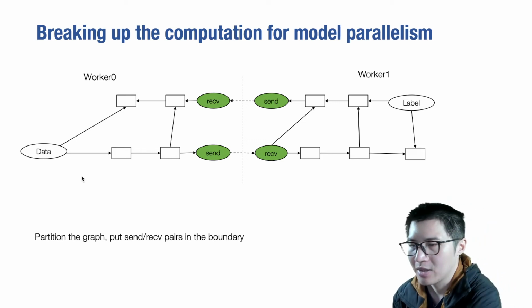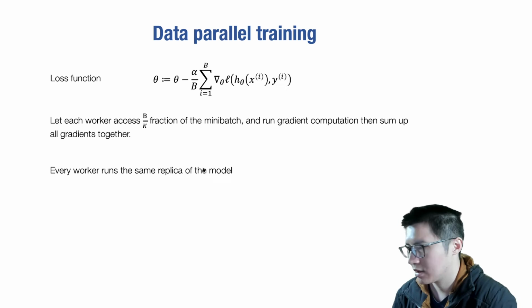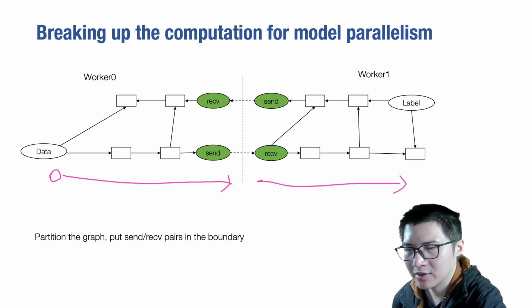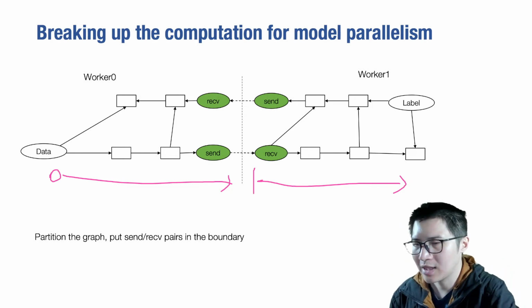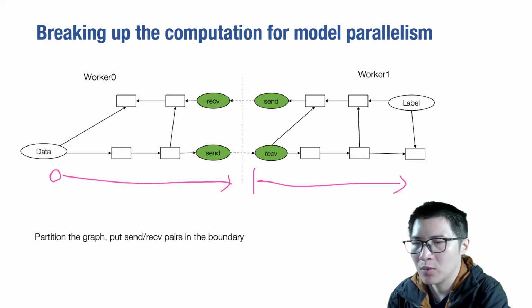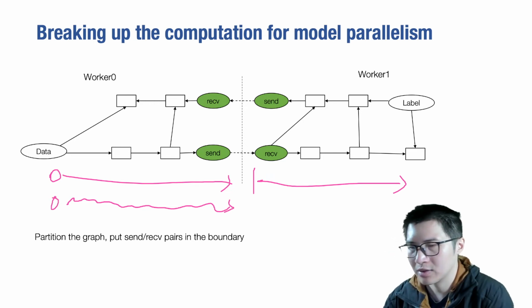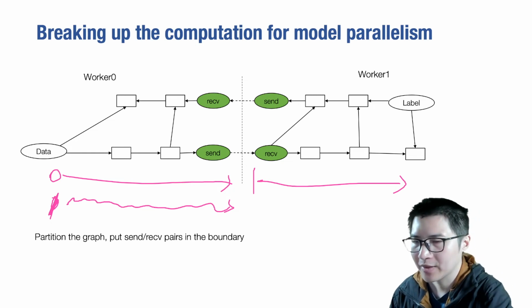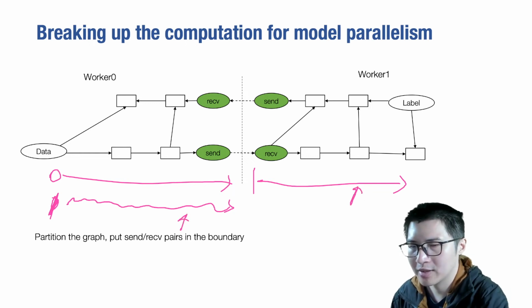The idea is that we're going to run the computation of the first what they call micro batch. Then, of course, worker 1 is going to take over and run the second part of the computation. But as soon as worker 1 runs the first micro batch, worker 0 is going to run another micro batch. So effectively, the computation of the first micro batch on worker 1 is going to be run concurrently with this one.